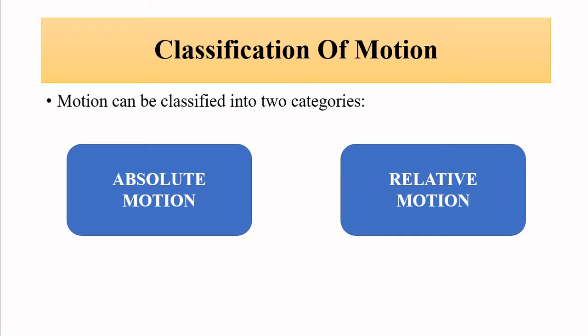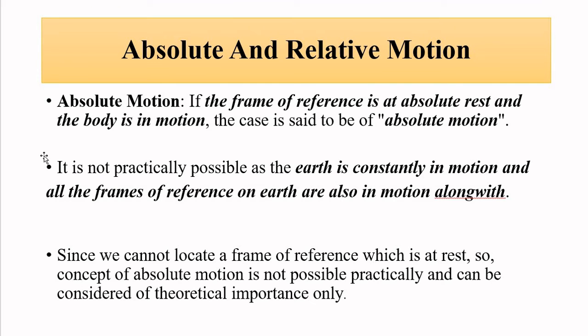Since we have described absolute and relative rest, we'll also describe absolute and relative motion. First is absolute motion. If the frame of reference is at absolute rest and the body is in motion, it is said to be in absolute motion.